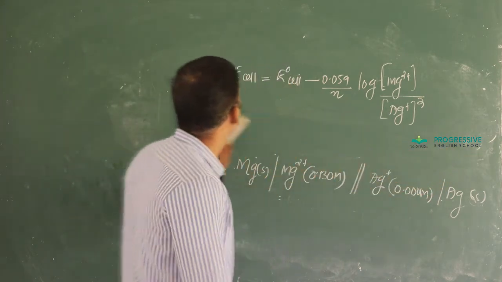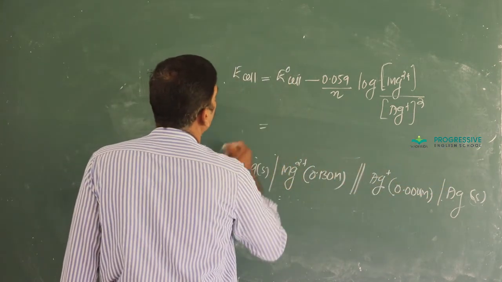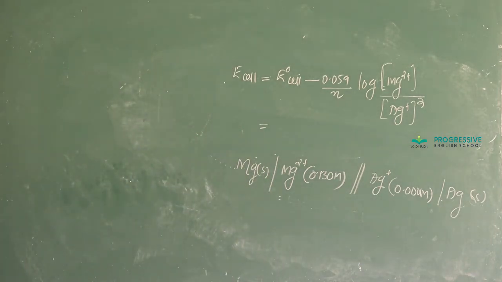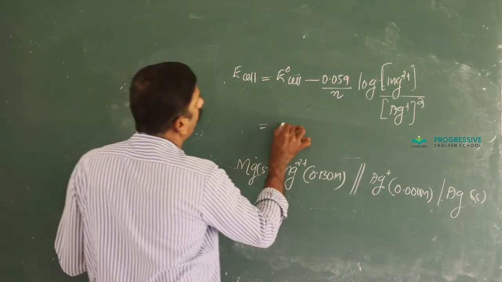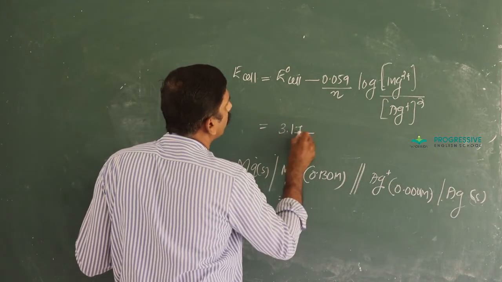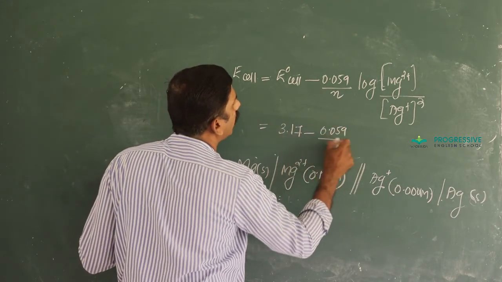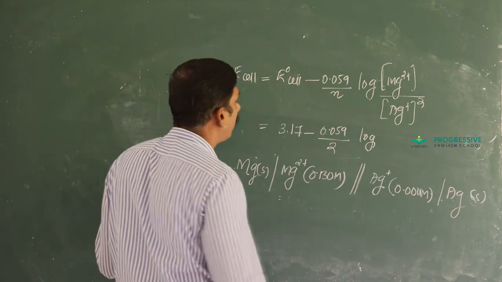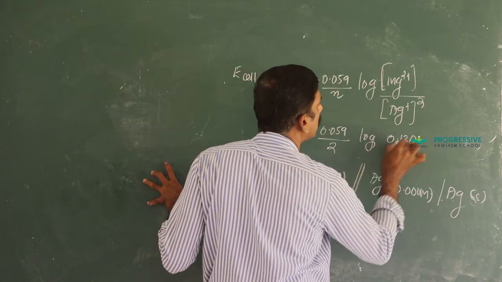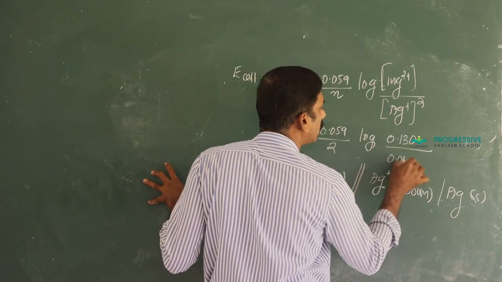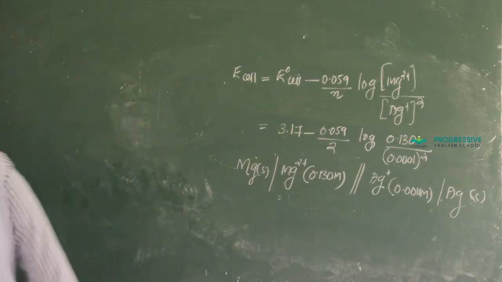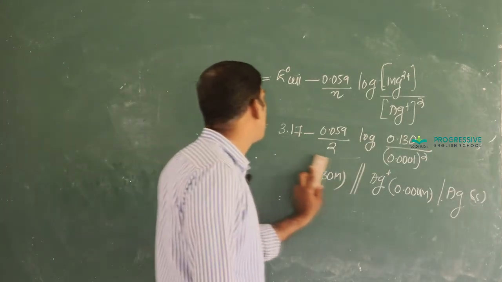Here, what is the E0 cell value? E0 cell is 3.17 minus 0.059 divided by 2 log of the concentration of Mg2 plus, 0.130, divided by 0.0001 square. 0.0001 square means 10 raised to minus 4 square.